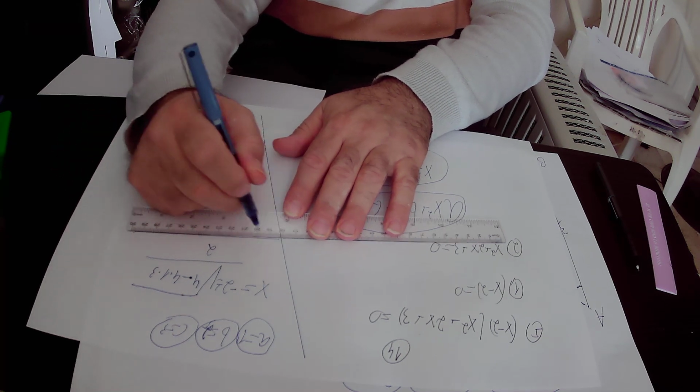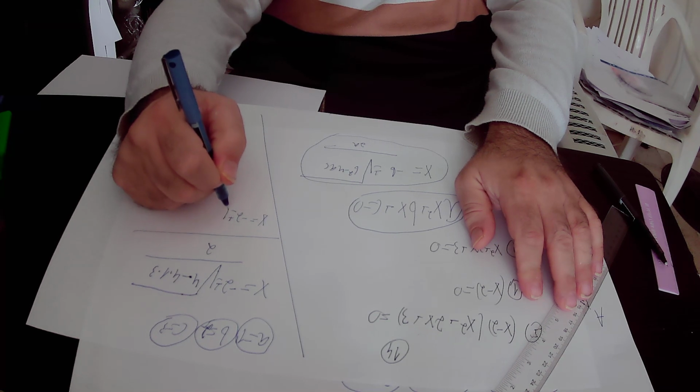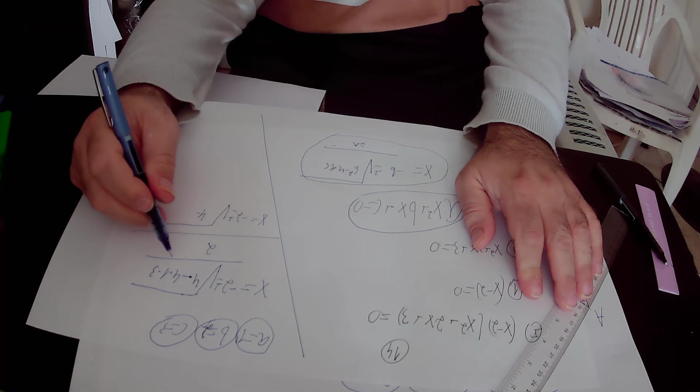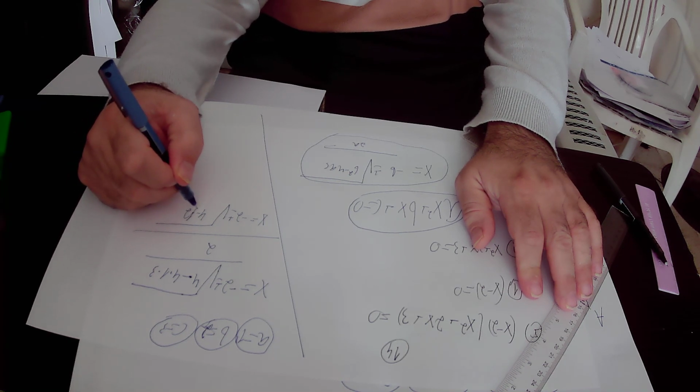So we get that x equals to minus 2 plus minus square root of 4 minus 4 times 1 times 3, which is 12, over 2.